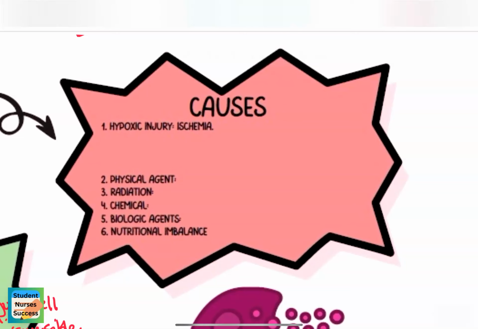So maybe you're starting to wonder what causes cells to either change or die or have these injuries. Well, certainly the number one cause is hypoxic injury or what we call ischemia. And that's when the cell is deprived of oxygen.